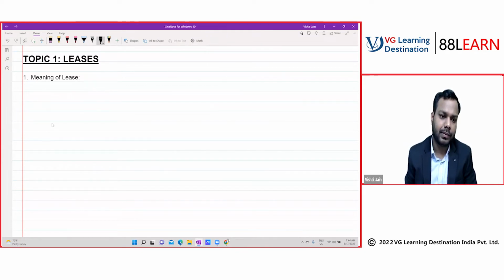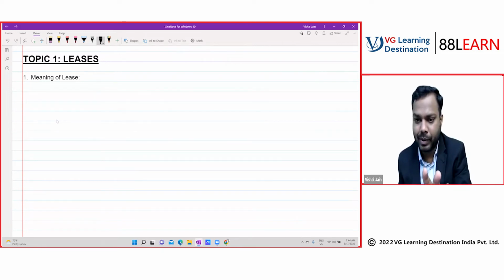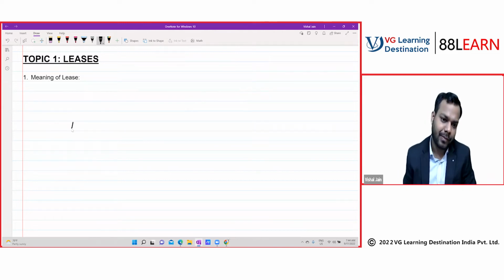As you all are aware, in a lease contract there are two parties involved, lessee and lessor, right? Let me write here lessor first. And this is lessee.